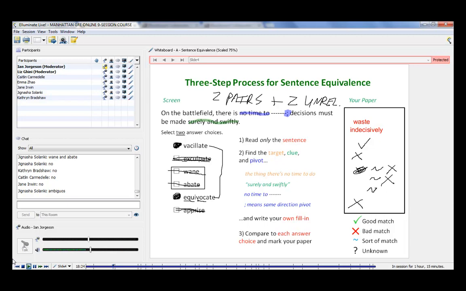All right, so what you just saw there was how we use our basic approach to read the sentence, to figure out what the pivot is, what the clue is, and if there's a good way to think about the target. In this case, there wasn't really a solid target, but you can think of it as the thing there is no time to do.